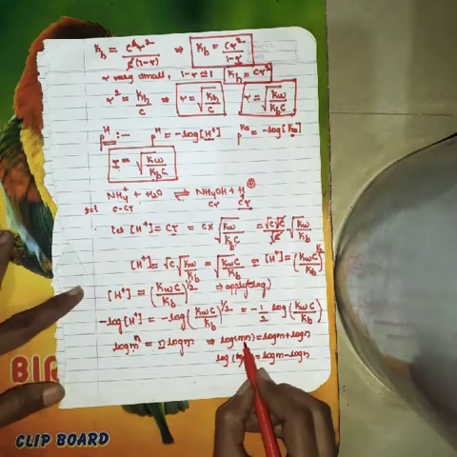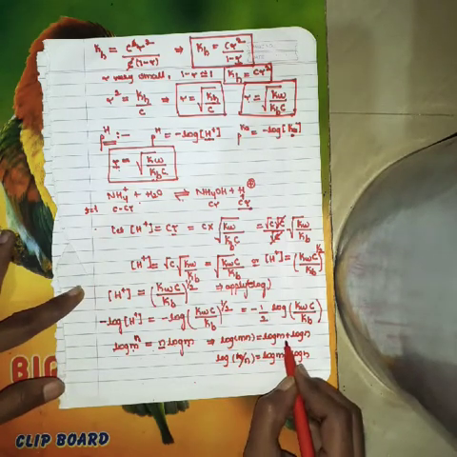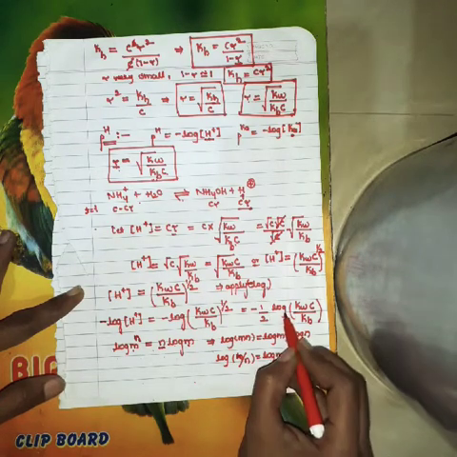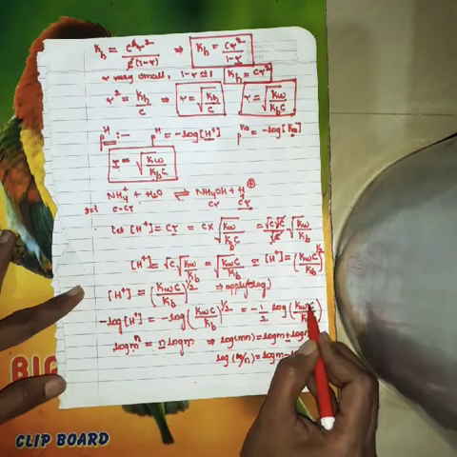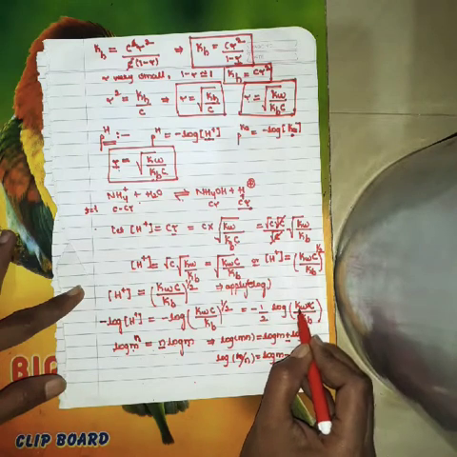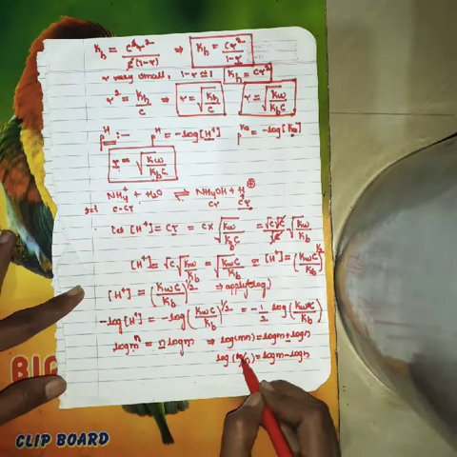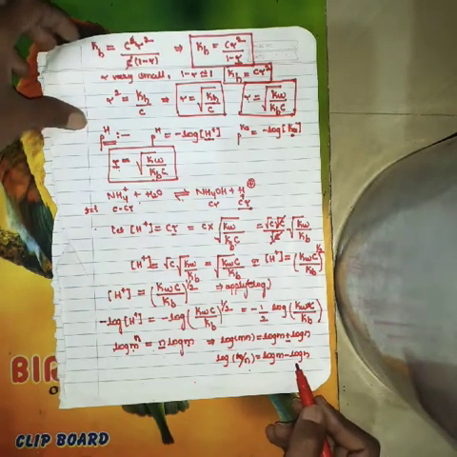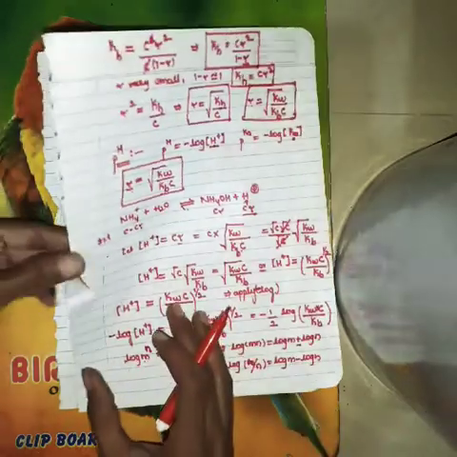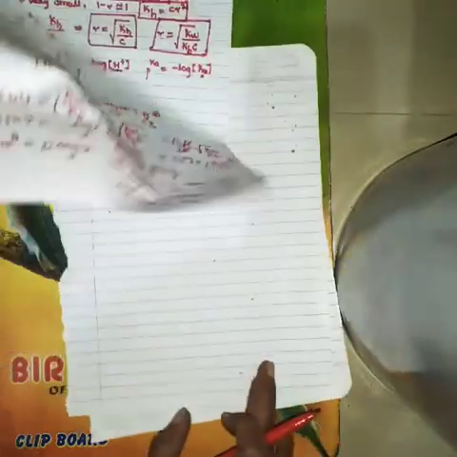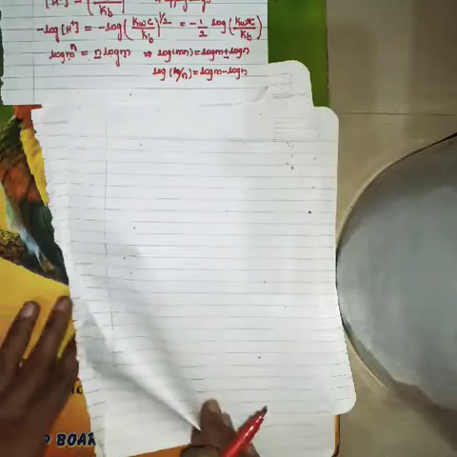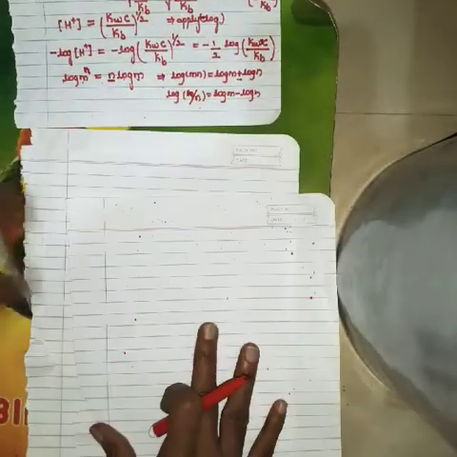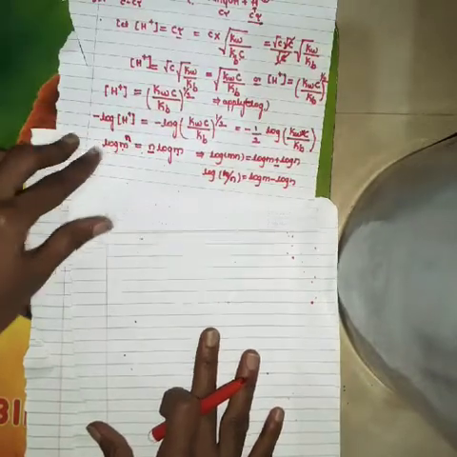See here, if it is multiplication, it is positive; if it is division, it becomes negative. See here, log of Kw into C: these are in product form. Kw divided by Kb is in divided form. That's why the expression becomes, see the simplification.